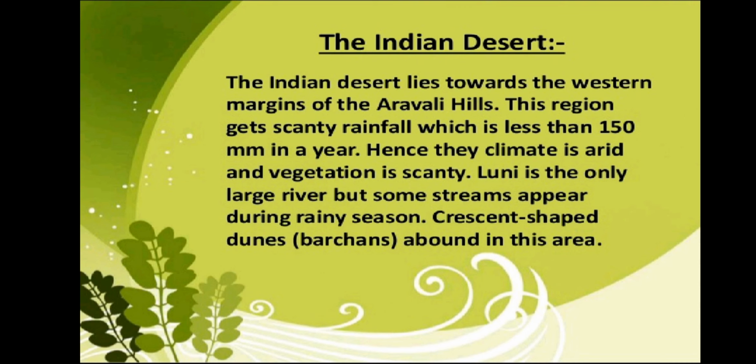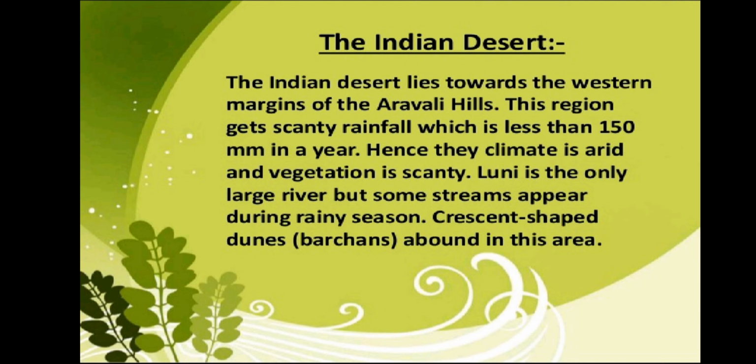Let us recall some of the things. The Indian desert lies towards the western margin of the Aravalli Hills. This region gets scanty rainfall, means low rainfall, which is less than 150 millimeter in a year. Hence, the climate is arid and vegetation is scanty, very less.